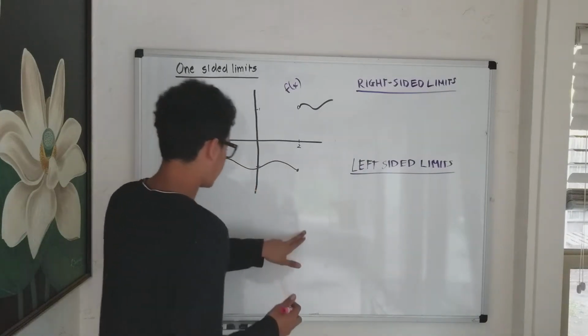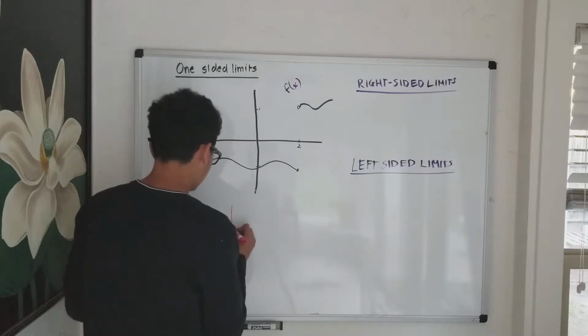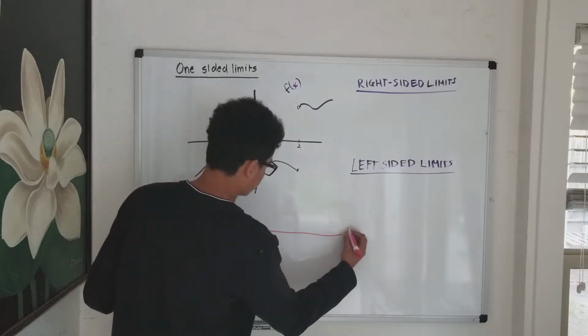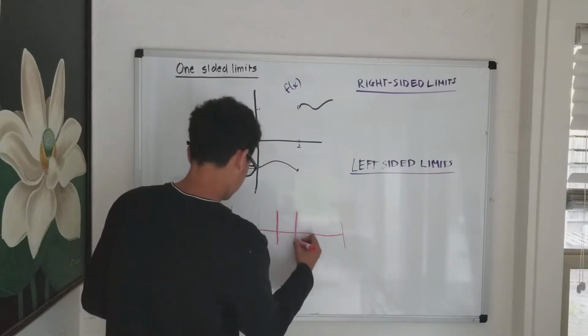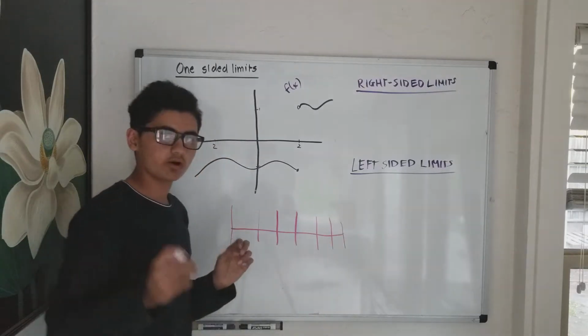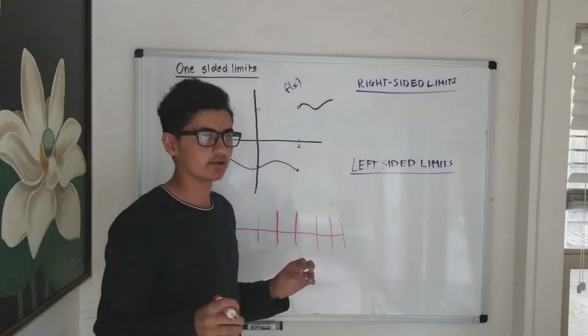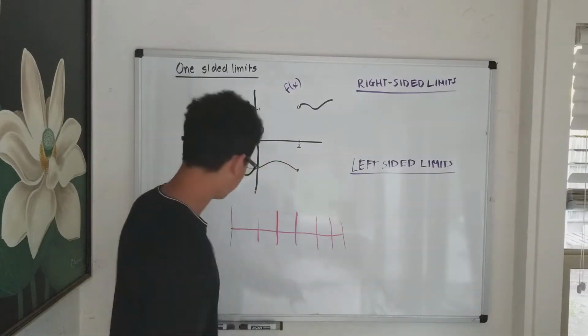Before anything, I'm also going to use a table to show you how these one-sided limits work. Our goal in this video is to find the limit from the right side and left side as x is approaching 2.